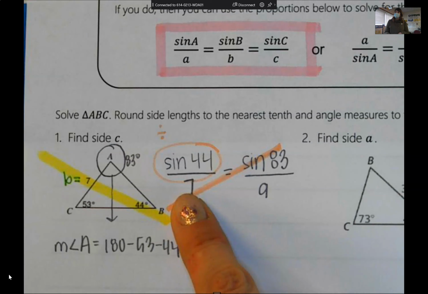We're going to take this pair and put it into this ratio. So I can put sine B over side length B. I'm going to take the sine of 44 and put that over the side length of 7. So sine of angle B over side B.